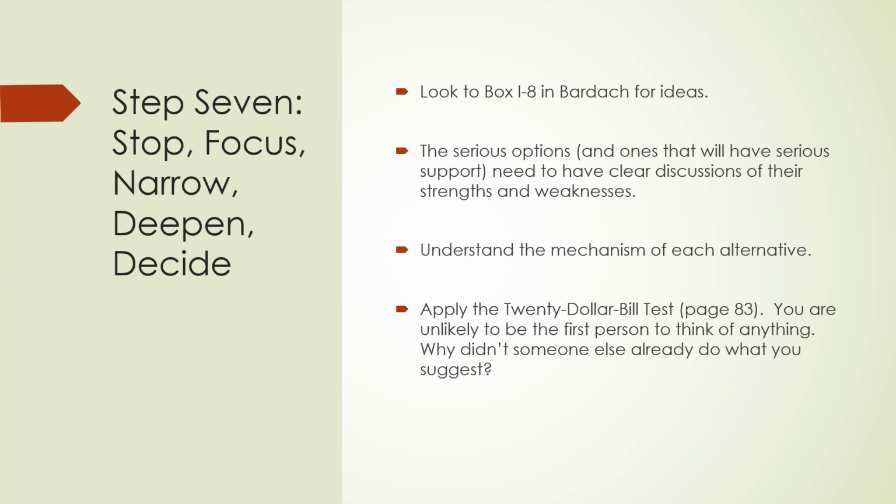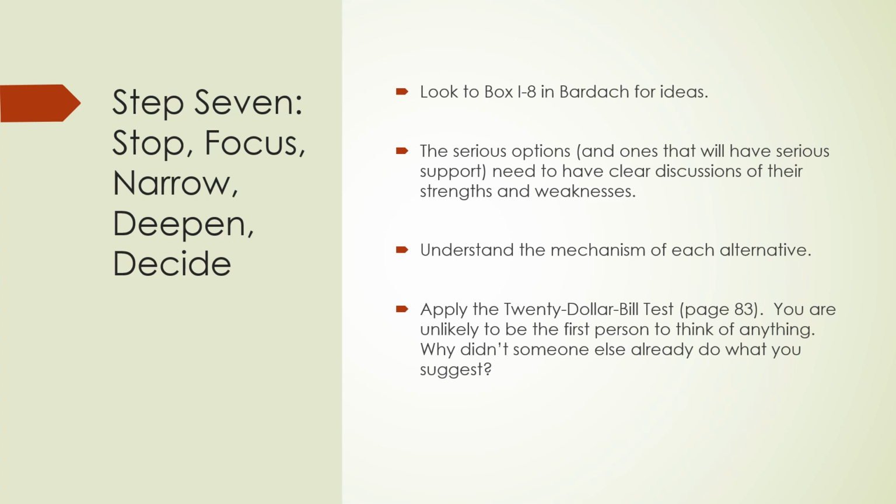So I like box 1-8. I think we should all look to it. But really, what we're trying to do is narrow and deepen and decide. Another way of saying that is we need to truly understand the policy and the alternative that we're choosing.